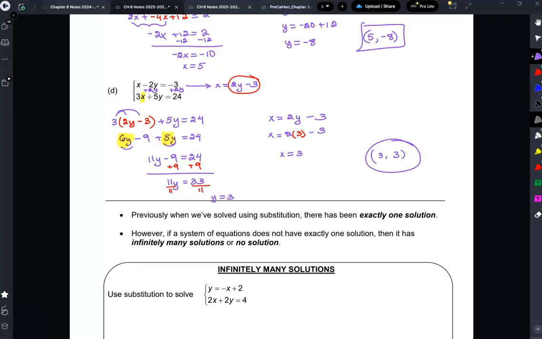So on a test, if this is like a 5-point problem, it'll be like, 4 points for the solution, 1 point for is your answer in the correct format. So it has to be in parentheses x comma y. Okay? The second part, didn't we already plug in x?